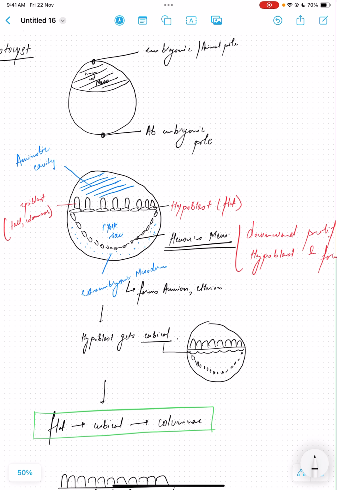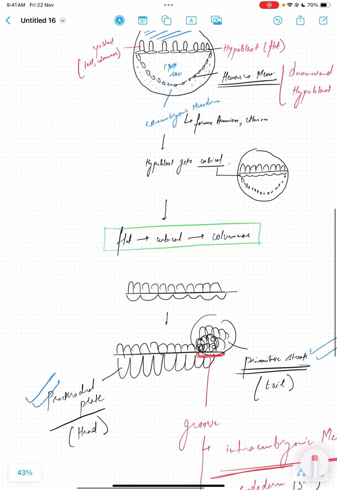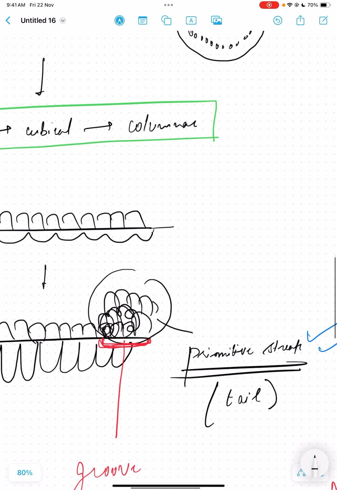Firstly our hypoblast was flat, then it gets cubical, and then it gets columnar. When it gets columnar, it leads to the formation of the prochordal plate. Sometimes our epiblast tries to multiply, and it leads to the formation of the primitive streak.